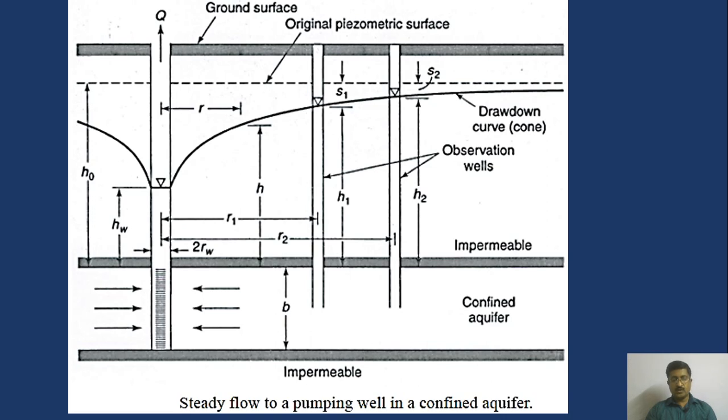The drop in the water table elevation at any point from its previous static level is called the drawdown. So you can observe this particular drawdown here, and you can also observe the cone of depression as well.